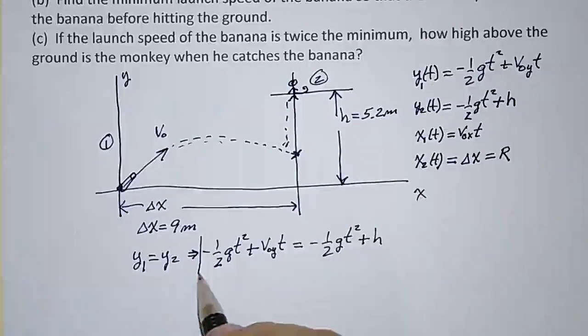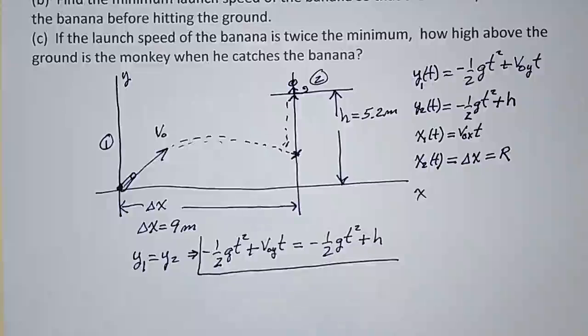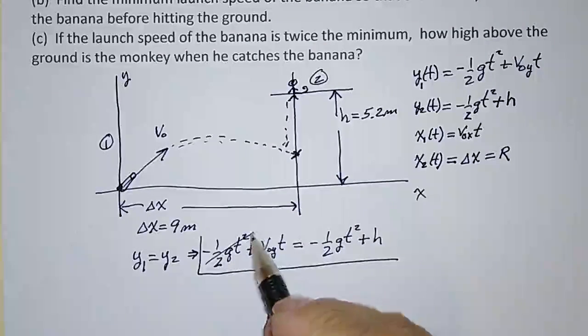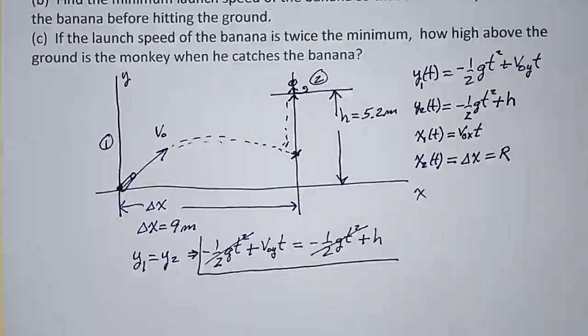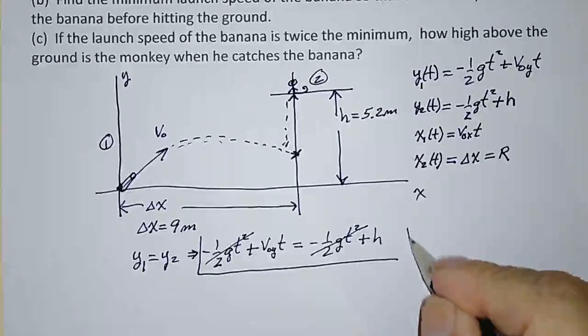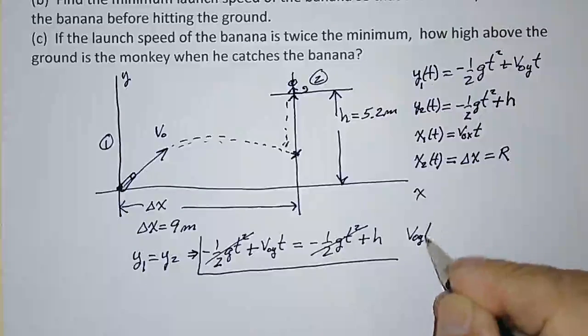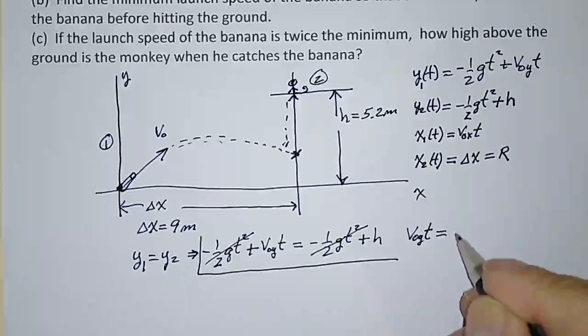So now I have this equation right here. I have a minus 1/2 g t squared on each side, so those cancel each other out. And I'm left with v naught y t is equal to h.